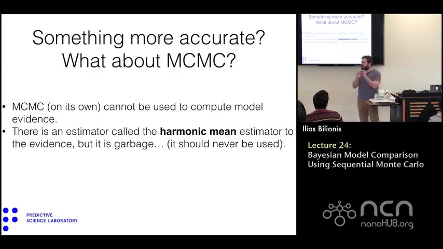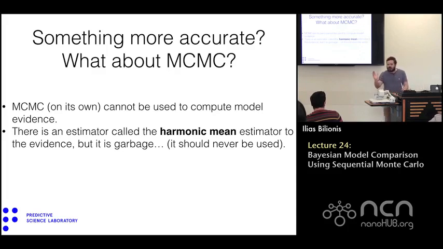I don't know if you remember that example with an estimator with an infinite variance. So it has an infinite variance, so if you stop before infinity, you cannot trust the result. And of course, that's what you would do. So you should really not use just MCMC to calculate the model evidence, because literally you can get whatever.